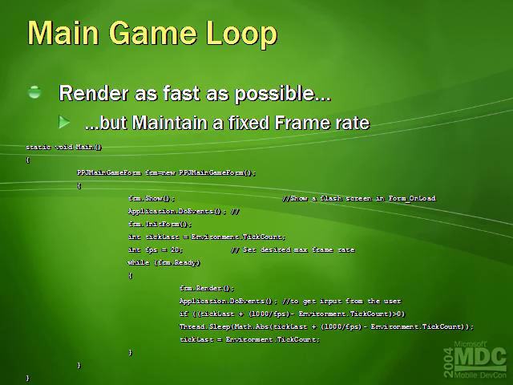Then I set the tick counter from Environment.TickCount, which is one of the few environment variables that you get from Compact Framework. With that, I calculate the frame rate in two areas down here. If I'm faster than the frame rate, I sleep. If I'm slower than the frame rate, I rather render than wait another time.